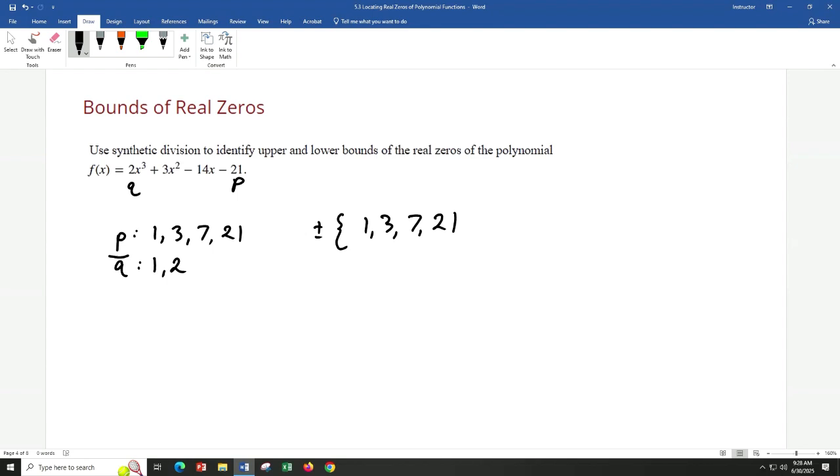Now you got to come here and go, okay, well, how about 1 divided by 2? Well, isn't that just going to be 1/2? And then I get 3/2, 7/2, and 21/2.